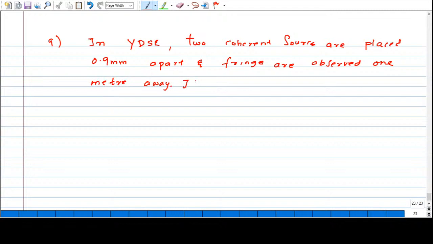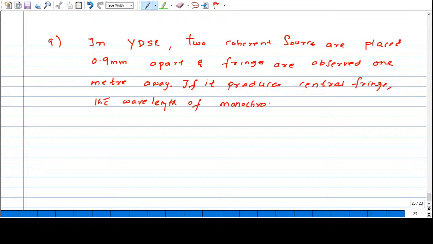If it produces central fringe, the wavelength of monochromatic light is used would be, the another important question expected this year 2021.